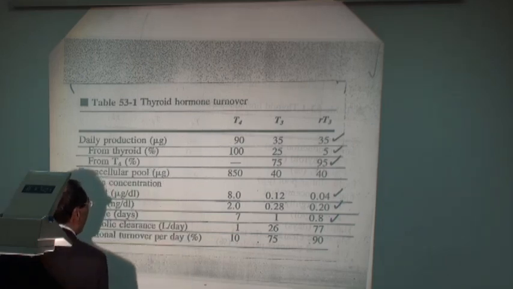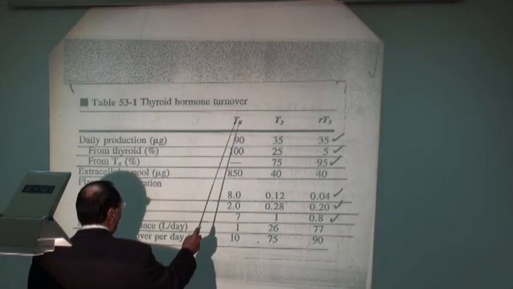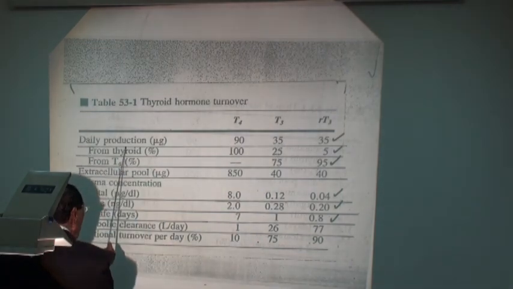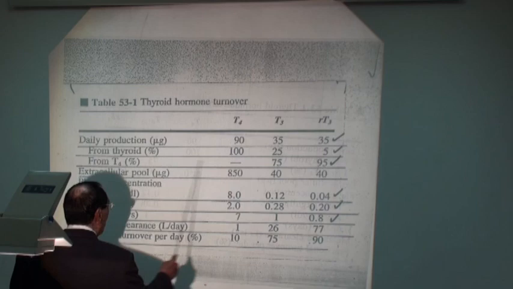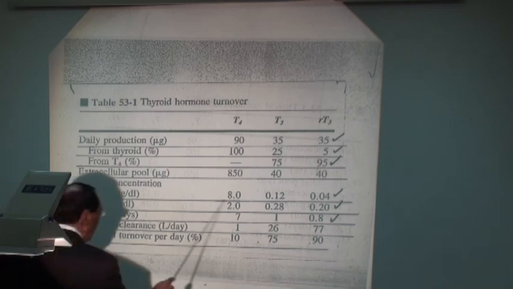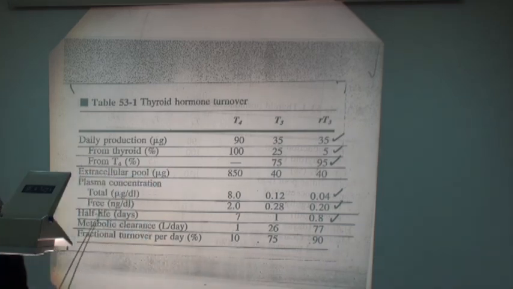This is the thyroid hormone turnover: the production of T4, T3, and reverse T3 from the thyroid and from the metabolism of T4. And here it shows the plasma concentration, the free fraction, and the half-life.